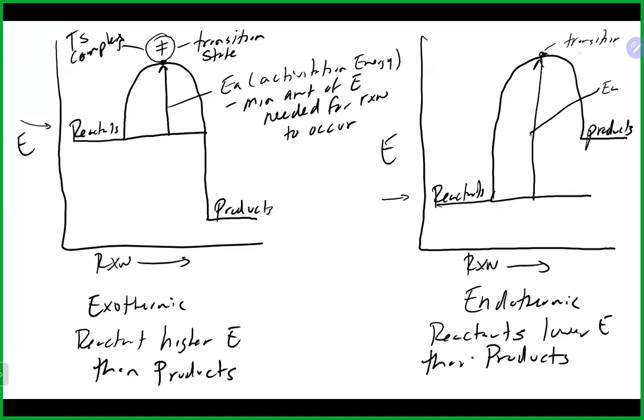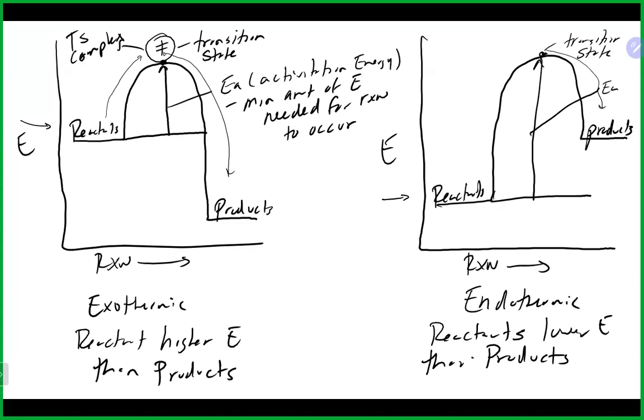What that transition state complex is, as we talked about, is as it starts up the hill, these guys are starting to break bonds, they're starting to make bonds. So when you get to the very peak of the hill in terms of energy, you have an intermediate that has partially broken bonds and partially made bonds. So it's really unstable, and usually this complex will drop down to the other side relatively quickly.